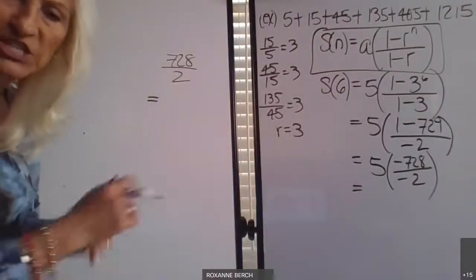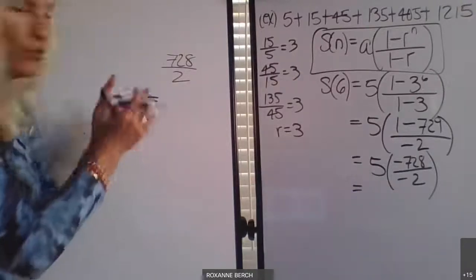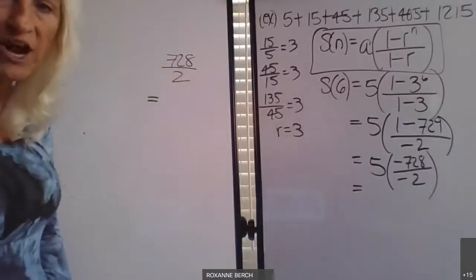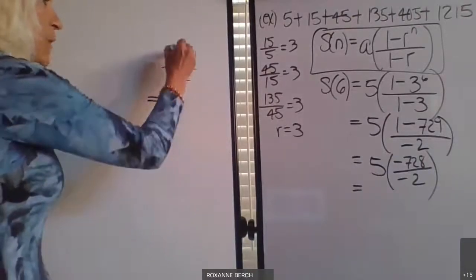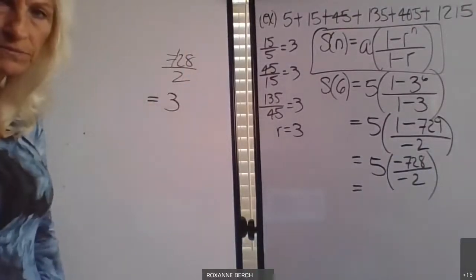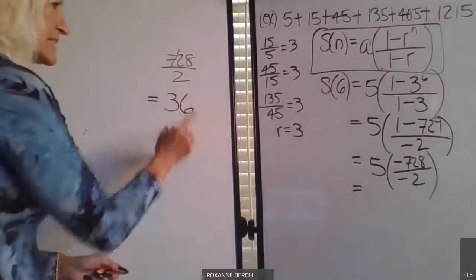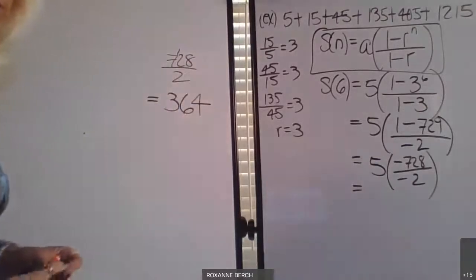Just like how we do a GCF and we upside down cake, it's kind of like Price is Right. 2 times what is 7 without going over? So 2 times 3 is 6 with 1 remainder. So now 2 times what is 12? 6. 2 times what is 8? 4. 364.